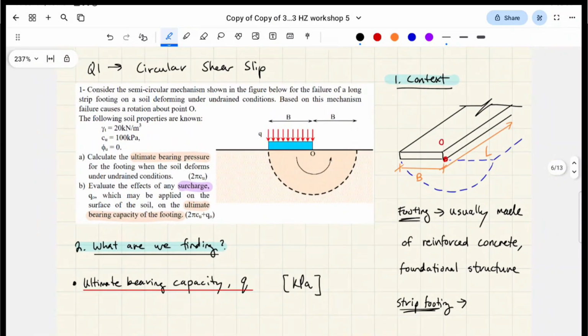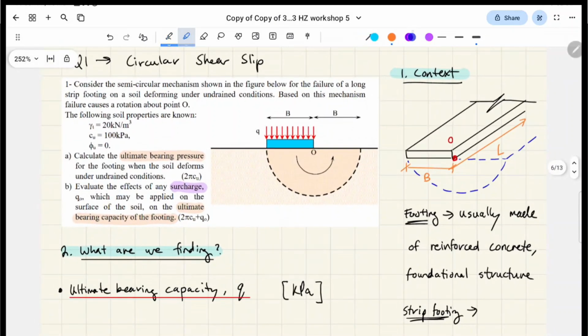So the first one is basically the situation. I'll just read out the question. We have the semicircular failure plane, which is this line here. And we have a long strip footing, which is this blue rectangle here. So we're looking at the 2D version of this question. Here on the right, I've drawn it out.